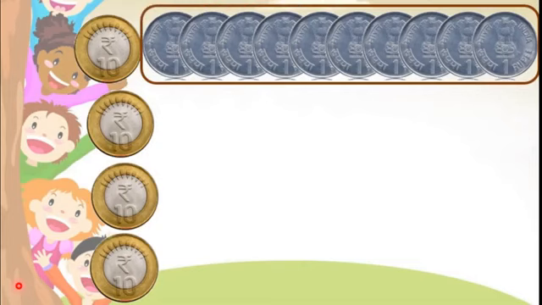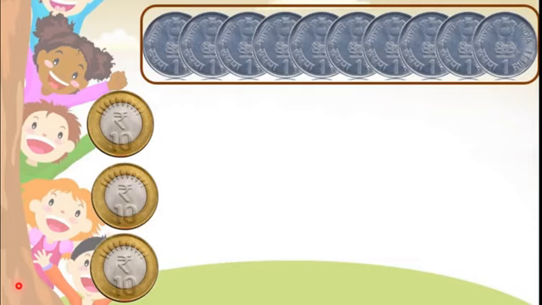What do you say? 10 coins of 1 rupees, are they equal to 1 coin of 10 rupees? Yes, what do you say? Yes, okay. Then if you say this is right, then I will give this 10 rupee coin to Sonali. Okay, I got 1 10 rupee coin change.